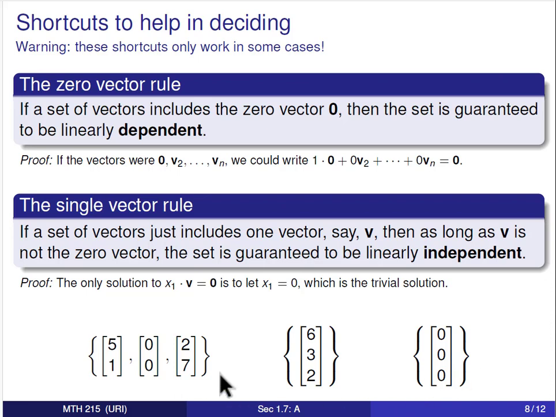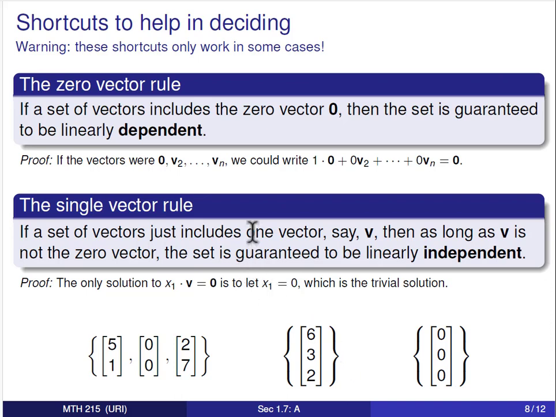All right, now in the first example, we have a set of vectors, and one thing that's notable here is that the 0 vector is included in them, the 0 vector of R2. And since the 0 vector always makes a set of vectors linearly dependent, we know that this is a linearly dependent set. Okay, for these next two examples, we have sets of vectors that just have a single vector in them.